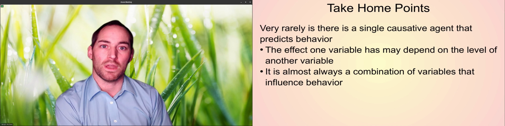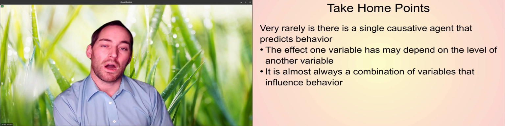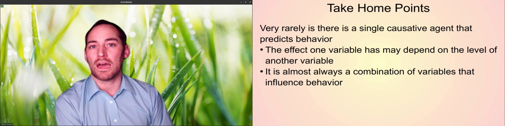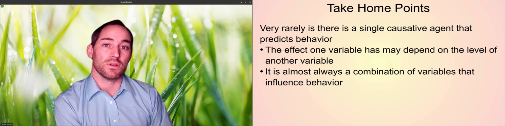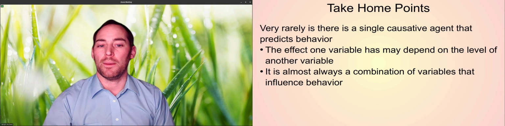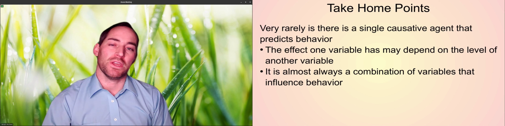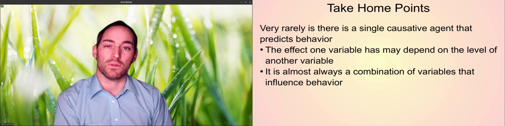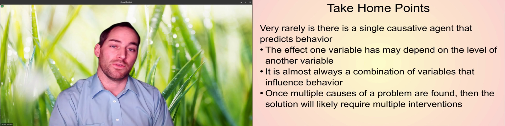It's not just one or two, it might be three or four. So to do these more complex analyses, we need to look at regressions, we need to look at interactions. Regressions are for correlational data, where you're looking at relationships. Interactions are for causal data, where you're looking at what things cause another thing.